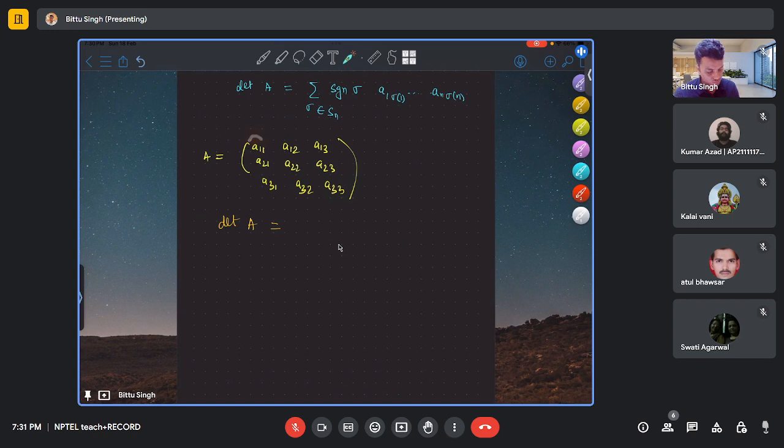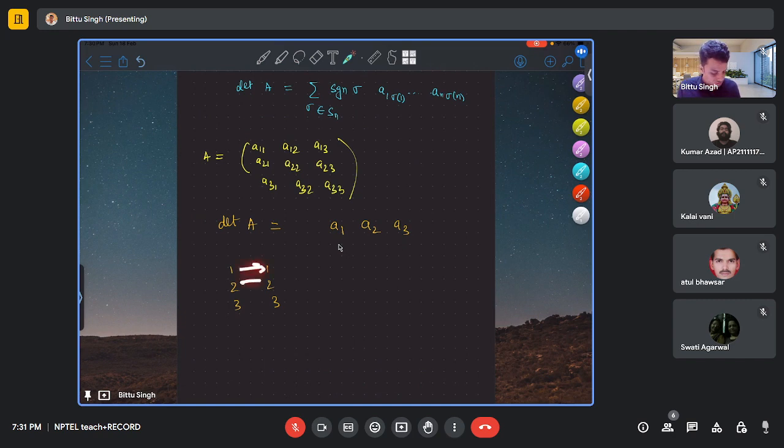So suppose you are taking those three things, A1, A2, A3. Now you can map 1, 2, 3 to 1, 2, 3 in 6 ways. That is, there are only 6 ways for bijection.